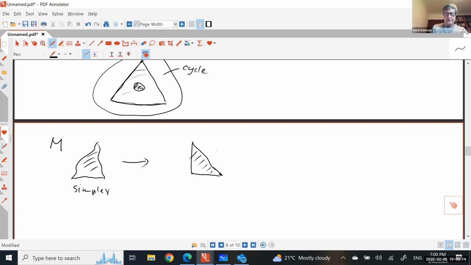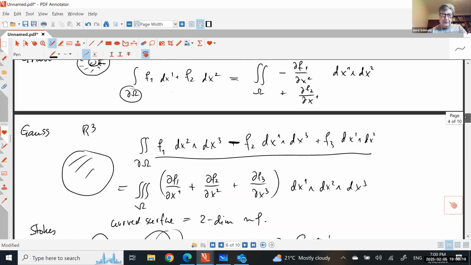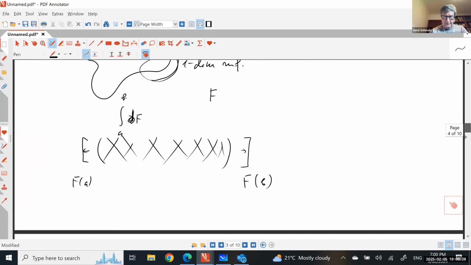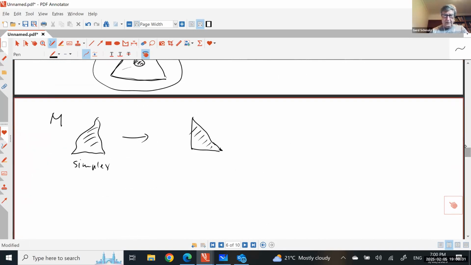So a chart which looks like a simplex, and what I used here were actually also simplices, because cubes and pyramids are topologically the same thing. So we can also have this on a manifold, and we can now triangulate a manifold. Triangulation means to represent our manifold as the sum of such simplices.